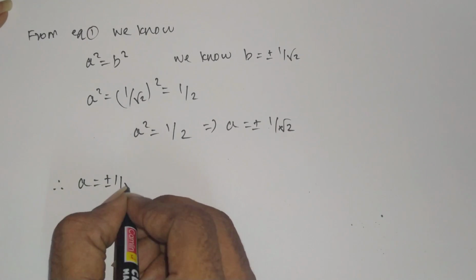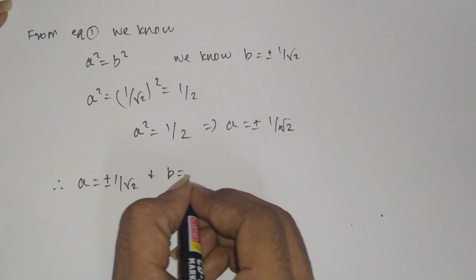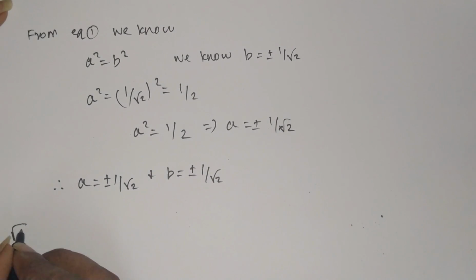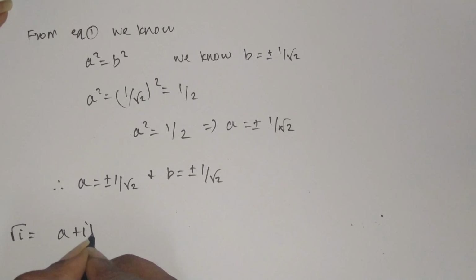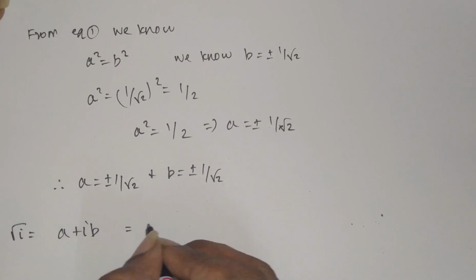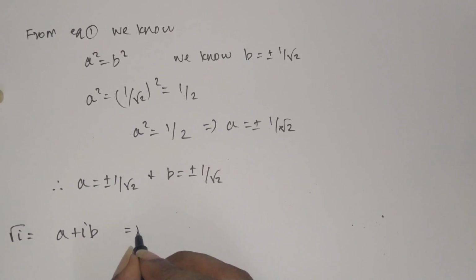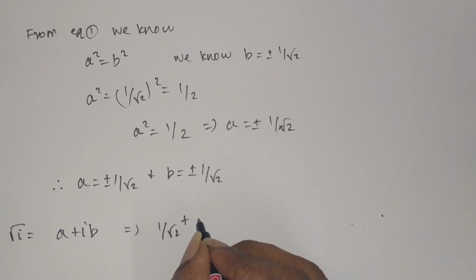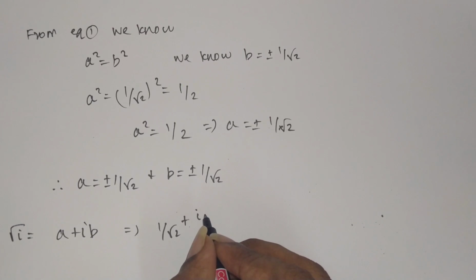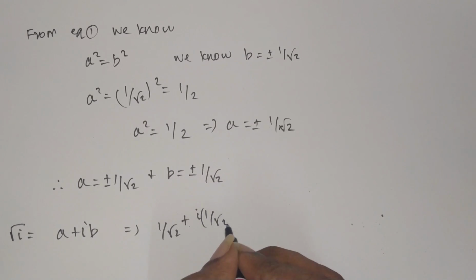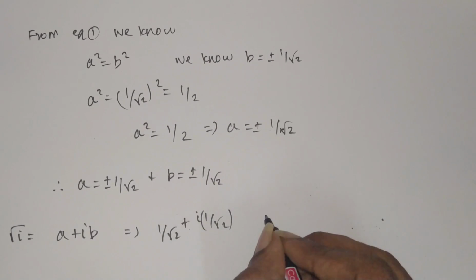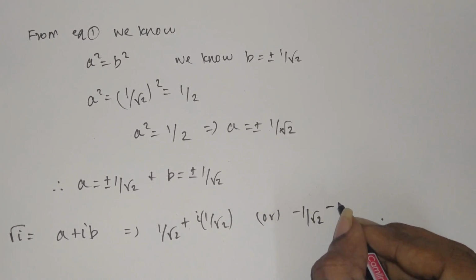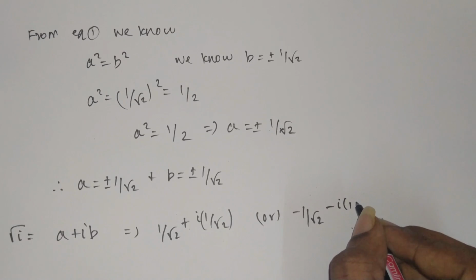So therefore a is equal to plus or minus 1 by root 2 and b is equal to plus or minus 1 by root 2. We know root i is a complex number a plus ib. So substituting a and b in this equation, we will get root i equal to 1 by root 2 plus i by root 2, or minus 1 by root 2 minus i by root 2.